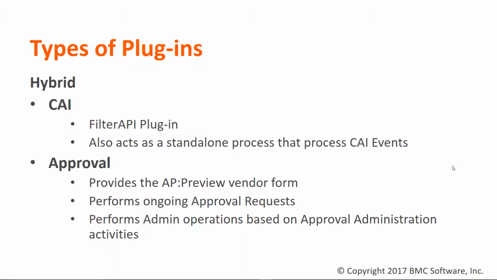But approval plugin also performs ongoing approval requests, and it does that without somebody accessing the vendor form. Approval also performs admin operations based on approval administration activities. So we call this a hybrid because it's technically a vendor form, but it does much more than just respond to the API requests off of that vendor form.